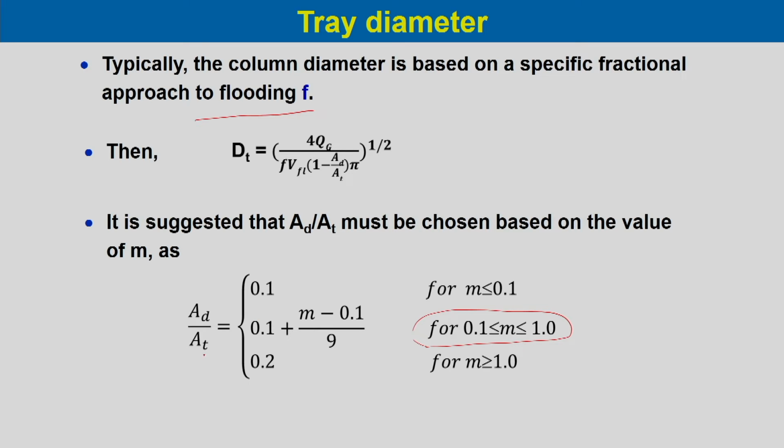So, we can use these values, and given V_FL and a particular flooding condition with a volumetric flow rate, we can calculate the tower diameter, or column diameter.